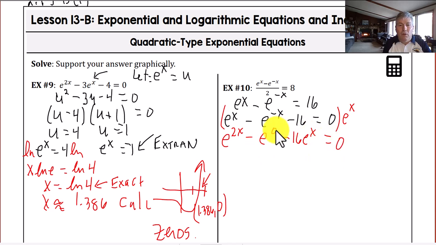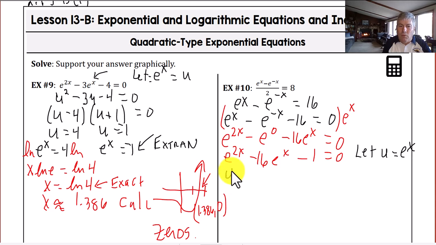Well, e to the 0 is 1, so I'm going to rearrange my terms and get e to the 2x minus 16 e to the x minus 1 equals 0. At this point, we will let u equal e to the x, so we'll do our u substitution again. So we get u squared minus 16u minus 1 equals 0.